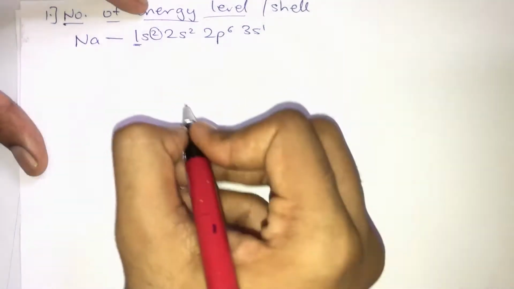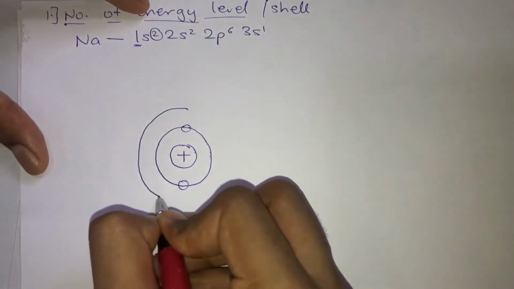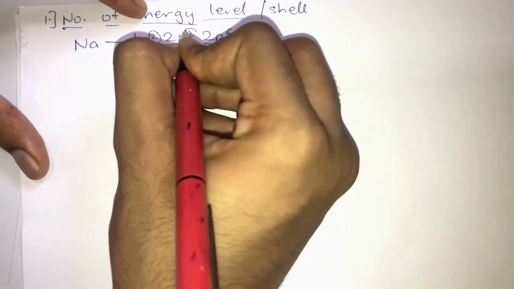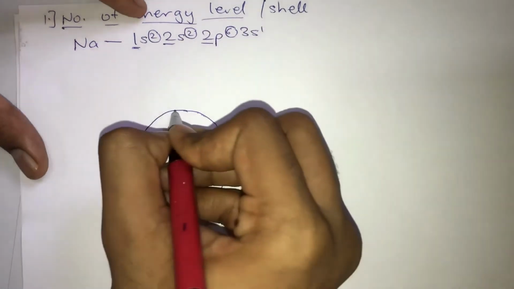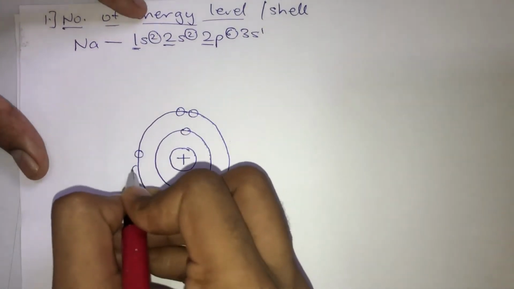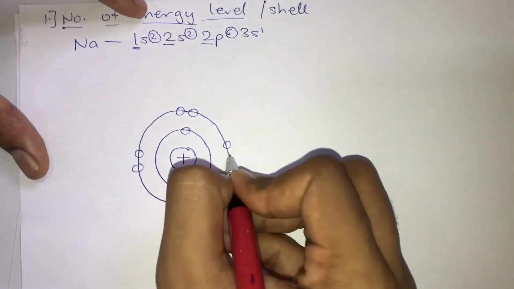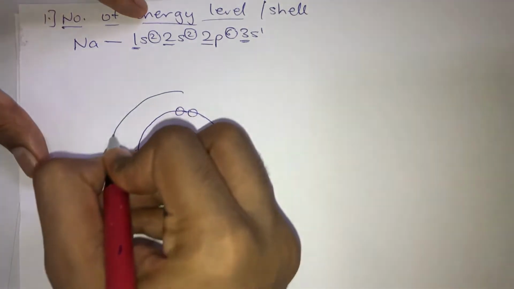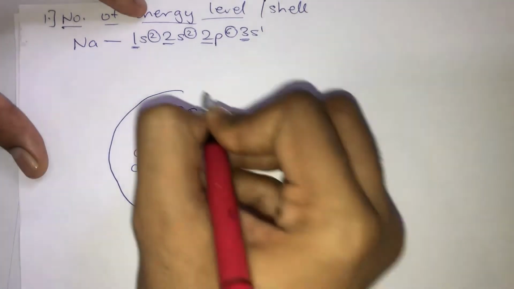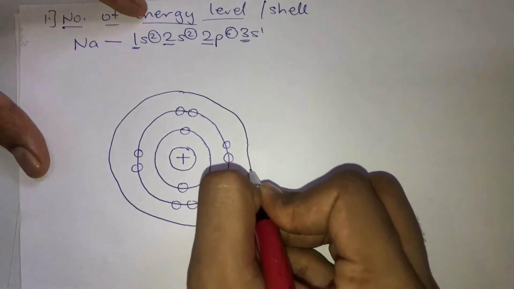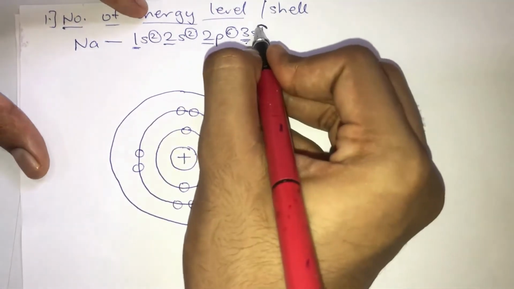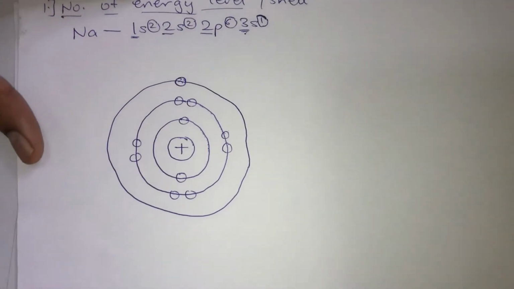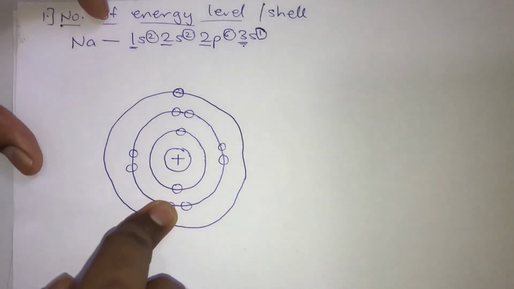Next, in the second energy level, there are 2 plus 6, total 8 electrons present. Am I right? And if I consider the third energy level, inside this third energy level there is only one electron present. So this is an atom of sodium.